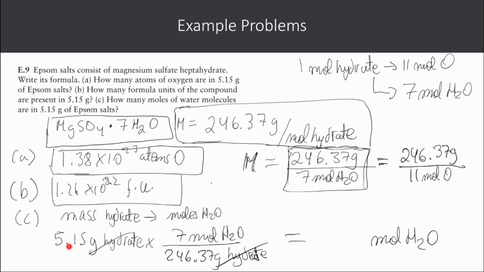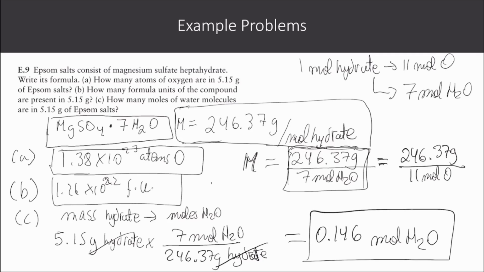So multiplying 5.15 times 7 and dividing it by 246.37, we have the following number of moles: 0.146 moles of H2O. And remember to have 3 significant figures at the end because the initial mass has 3 significant figures.